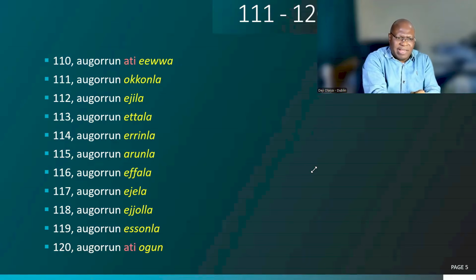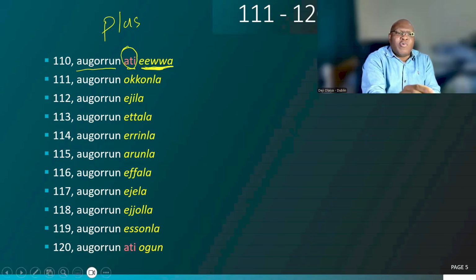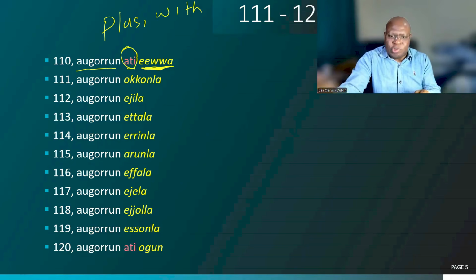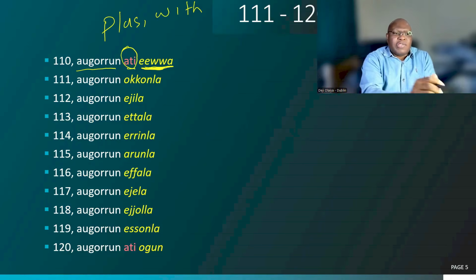So 110 is ọgọ́rùn-ún àti ẹ̀wá. You can see that feminine value again. Àti means plus or with, in addition to. So when you say ọgọ́rùn-ún àti ẹ̀wá, it is 100 plus 10. This is 110.